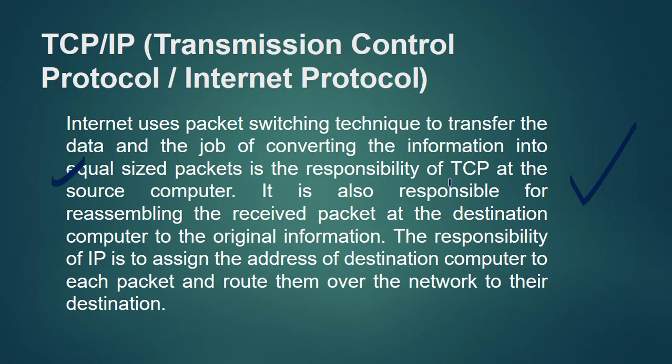Then all these equal sized packets are properly arranged into separate files, and all these separate packets are sent to the receiver. The IP, or Internet Protocol, assigns the address of the destination computer to each of these packets, and then routes these packets to that particular computer.